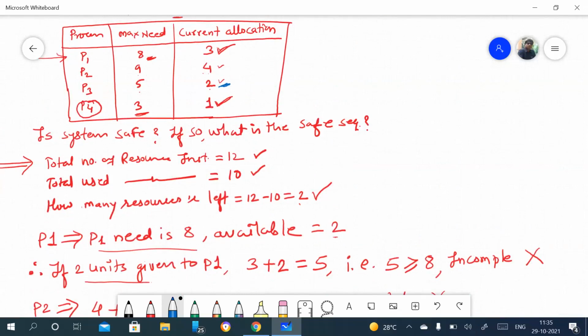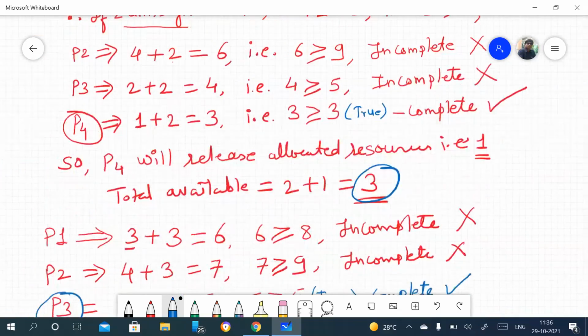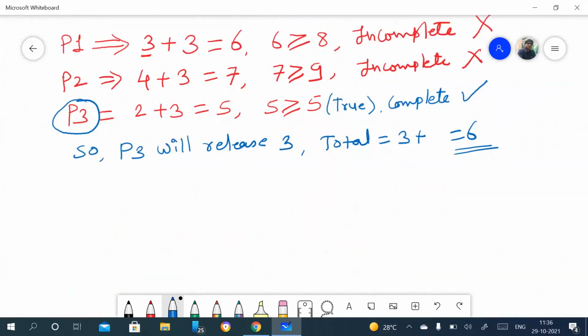Sorry, P3 has the two allocated, right? So this is not 6. This is release 2 and this is 5, right?